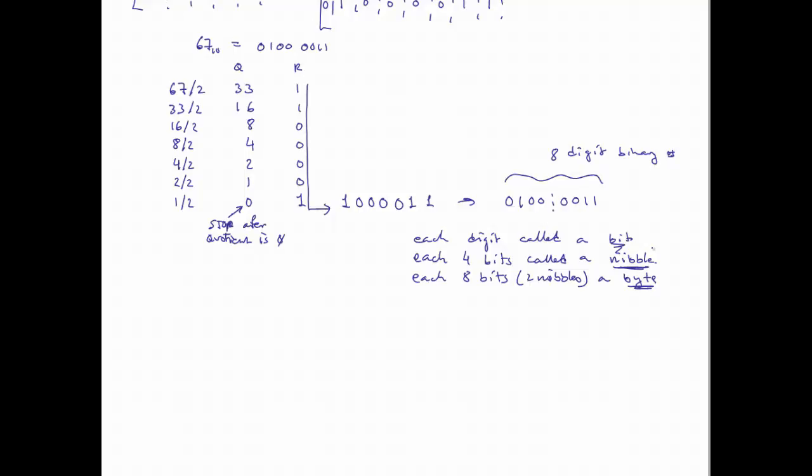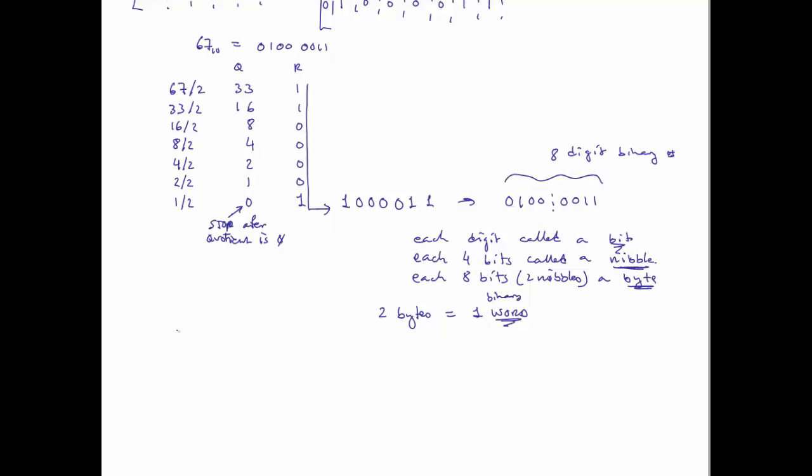And then typically, although I've used the word lightly for word, when there's a formal use for word, 2 bytes together equals 1 binary word. Okay, so we use word.